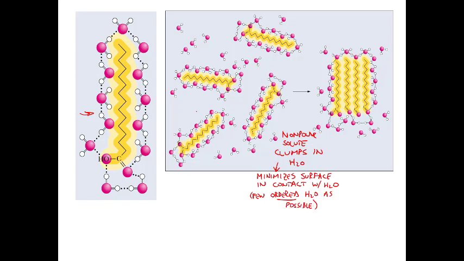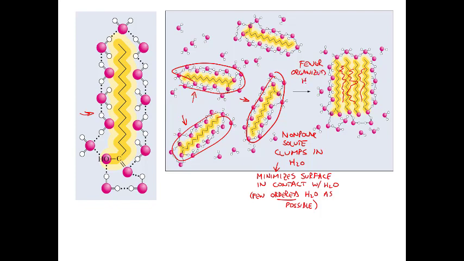Right? Because if you have a bunch of separated hydrocarbon molecules surrounded by water, we have lots of ordered water around the surface of every single one of these molecules. But if we clump them all together into a single particle or droplet or something like that, then we get to liberate water molecules that would have been stuck on the inside, and we have fewer organized waters around the droplet than we do around dissolved molecules.